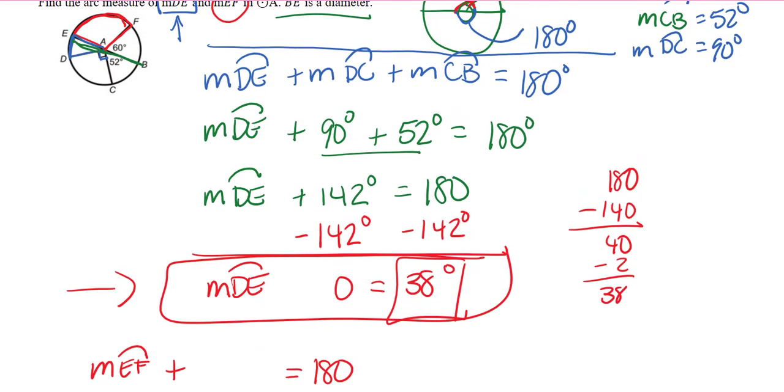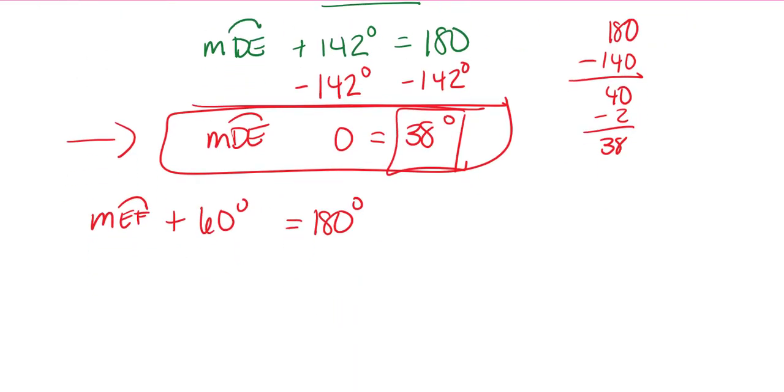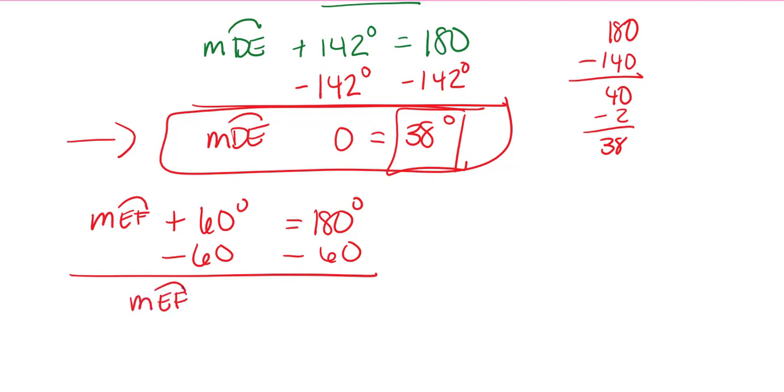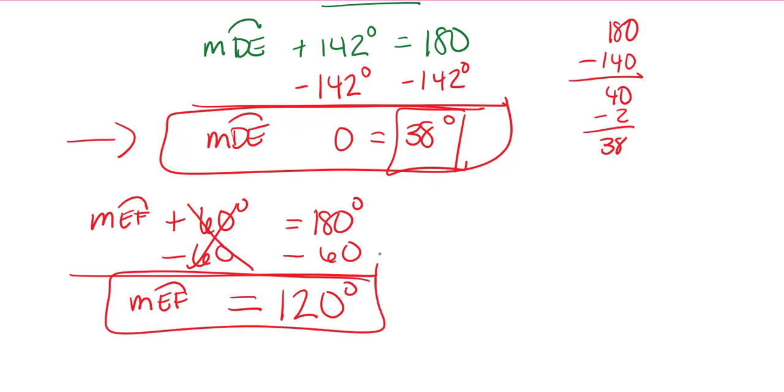So rather than just saying FB, all of them have to add up. So this is 60 degrees, this is 180. Now we just need to subtract 60 on both sides, and we get the arc measure that we're looking for, which is 180 minus 60, and that gives us 120 degrees. And that would be the second one that we needed to find.